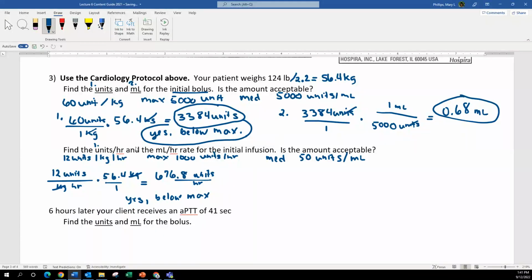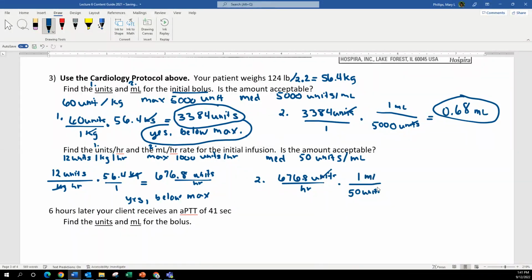Then I get to move on to the next question, which is the milliliters per hour. In order to get the milliliters per hour, I'm going to use the answer that I just got, my 676.8 units per hour, setting this up with dimensional analysis, so putting the hours clearly in the denominator. And I need to cancel the units. So on my IV bag, I had 50 units to 1 milliliter.